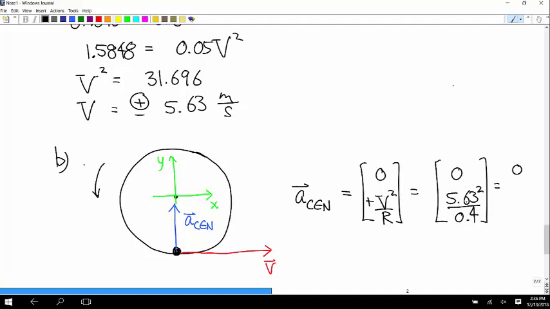And what do you get for that y value? Oh, 31.696 divided by 0.4. 79.242.